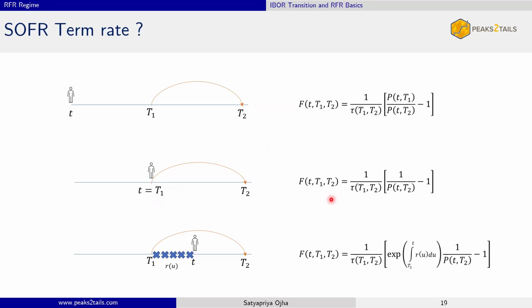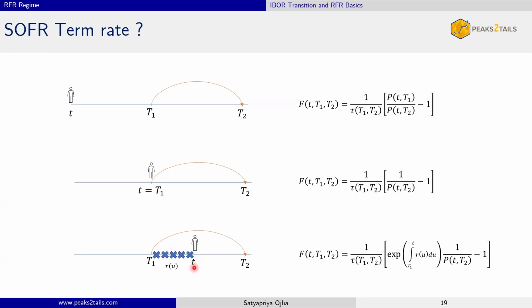But in case of Sofr, here is the complication. If it is a Sofr based derivative, the floating coupon here depends on the rate, obviously between T1 and T2, but that rate is a compounded rate of daily Sofr published between T1 to T2.